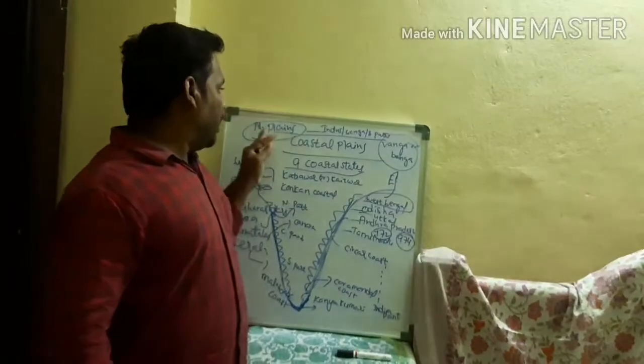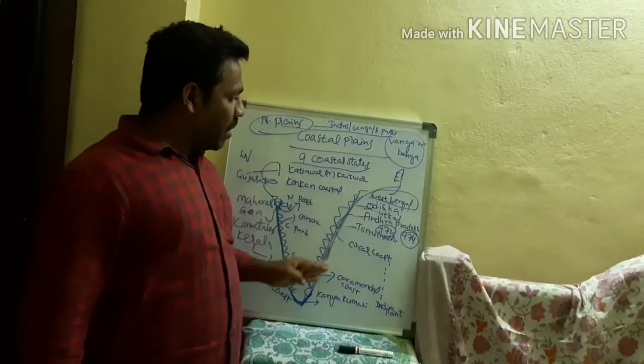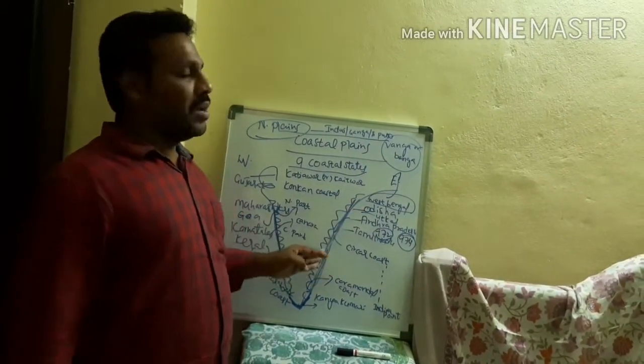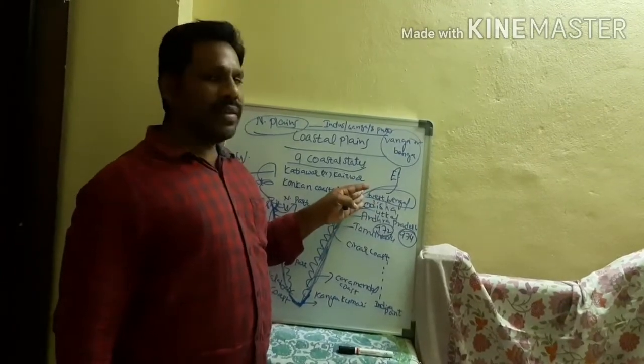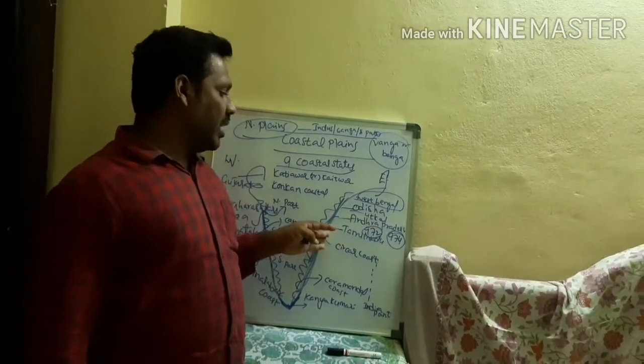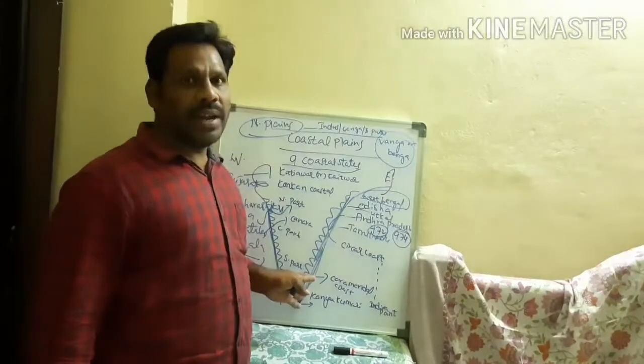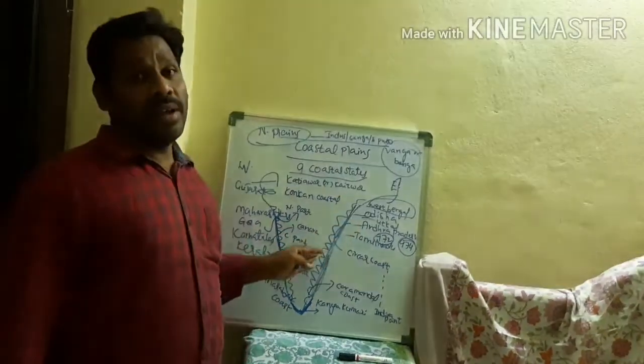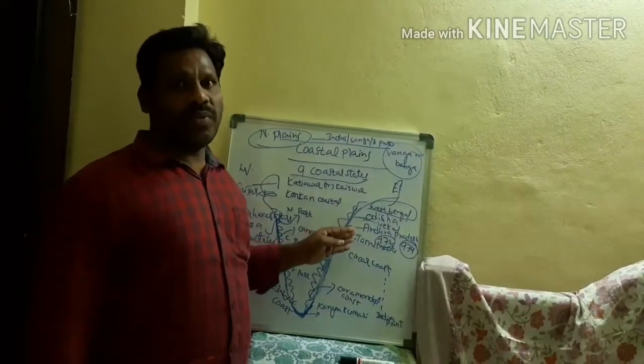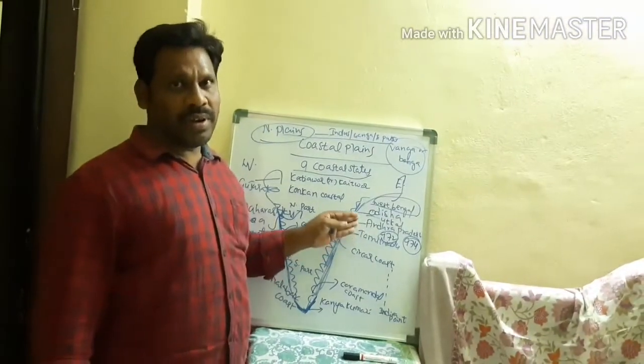Equally, in the eastern part we have deltas: the Mahanadi Delta, the Krishna Delta, the Godavari Delta, and down south the Kaveri Delta. These deltas are also very fertile and very prosperous for the agricultural sector to grow crops in our country.